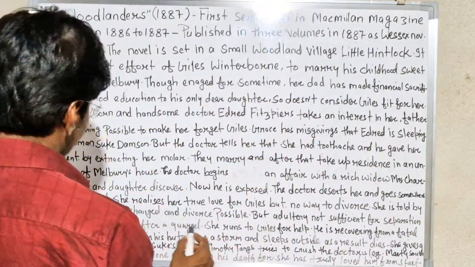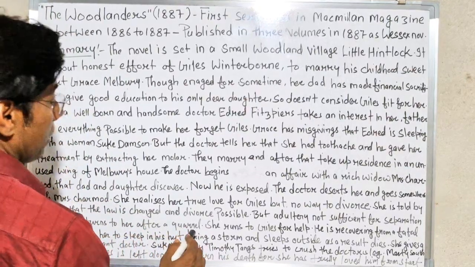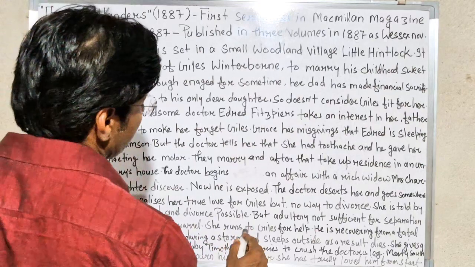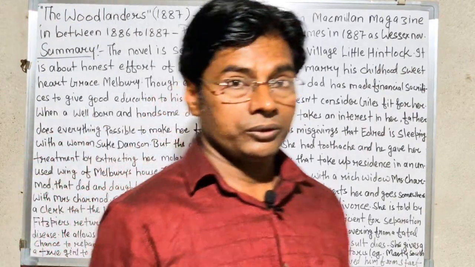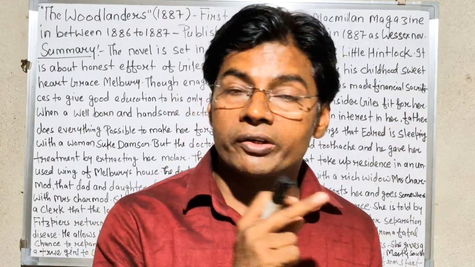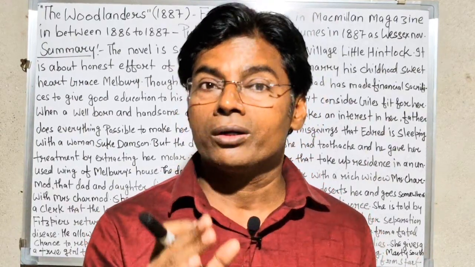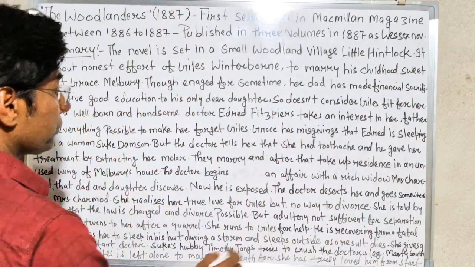See, when Fitzpiers returns to Grace Melbury, she runs to Giles for help. So when Grace's husband returns to her, she moves away. She runs to Giles Winterbourne for help. But there what happens?